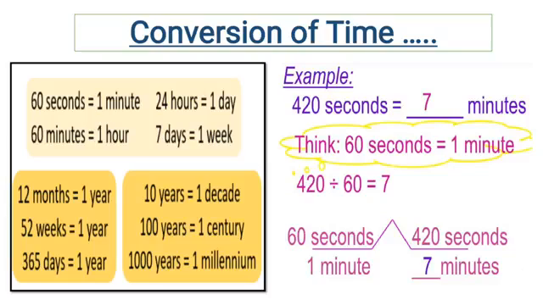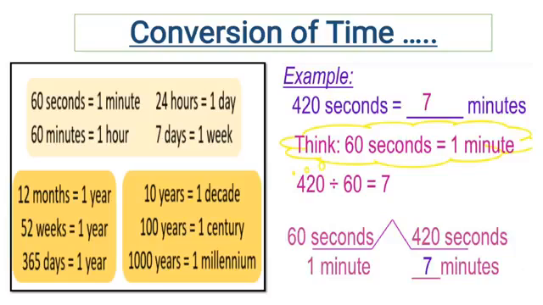Then 12 months is equal to 1 year, 52 weeks is equal to 1 year, and 365 days is equal to 1 year. And 10 years is equal to 1 decade, 100 years is equal to 1 century, and 1000 years is equal to 1 millennium. Now remember all these relations.